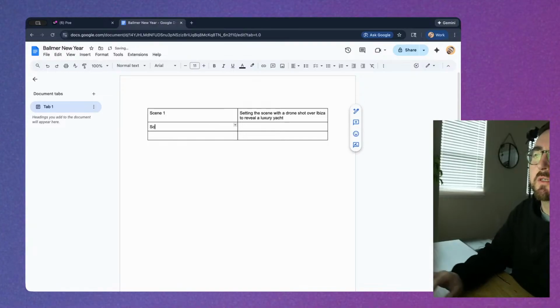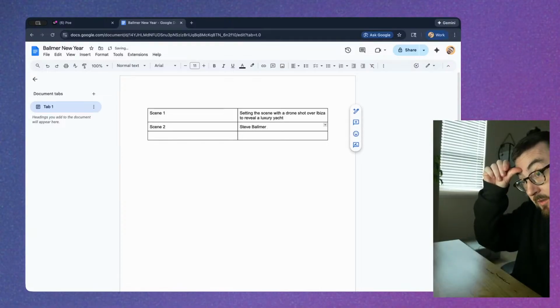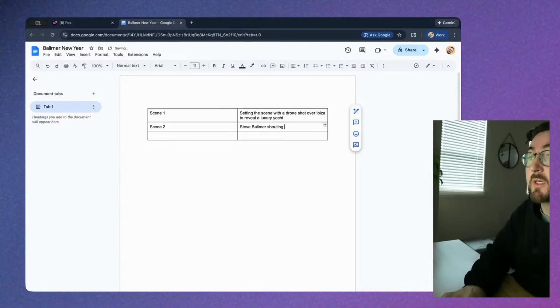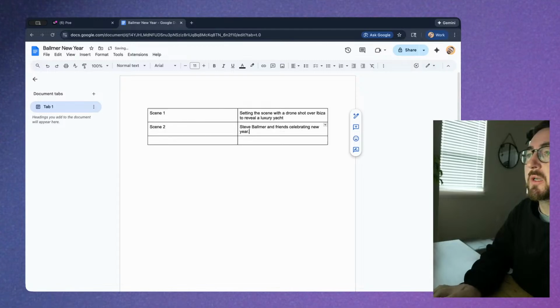And then scene 2: Steve Ballmer shouting at people, celebrating New Year.